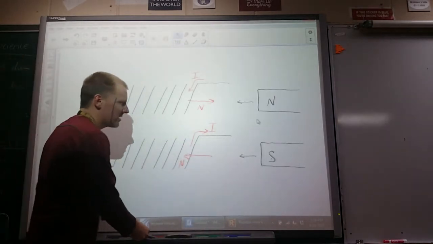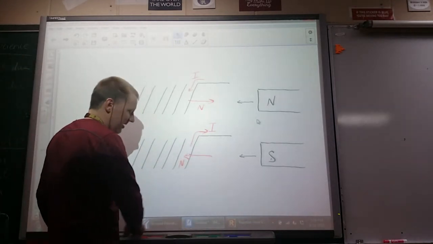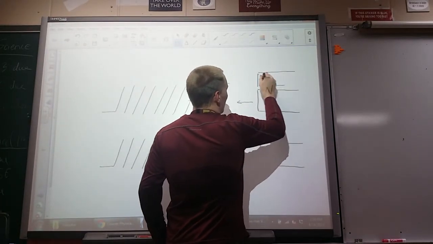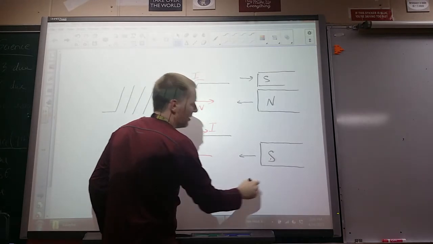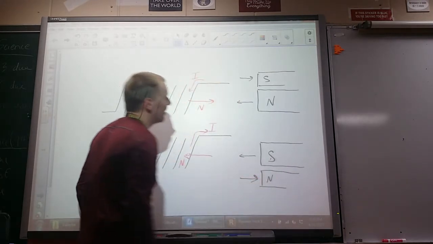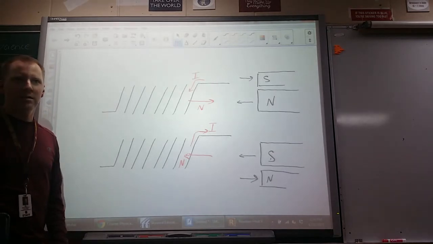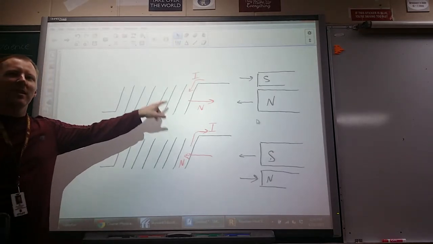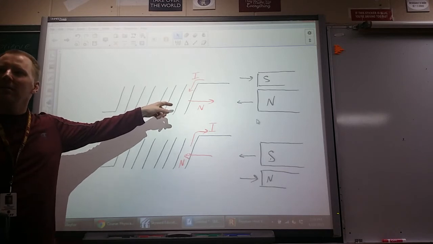Same thing happens if I have a south pole receding or a north pole on the bottom receding. Make sense? Kind of, you can see what's going on. Every time I do something, this coil fights me.